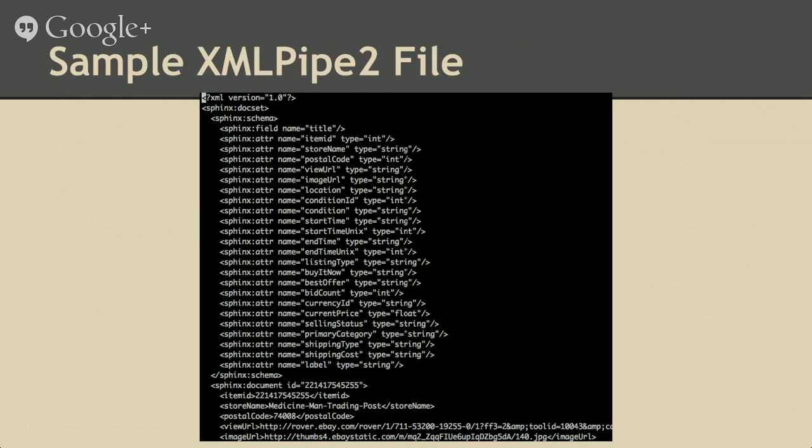This is an example of what XML Pipe 2 format looks like. This top section is just a typical XML document. The schema portion right here, these are all the attributes. This is just the namespace, the tag attribute, ATTR, and then up here, that's where you define your field.